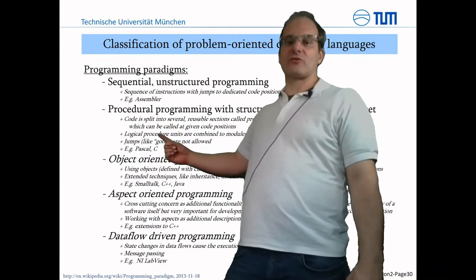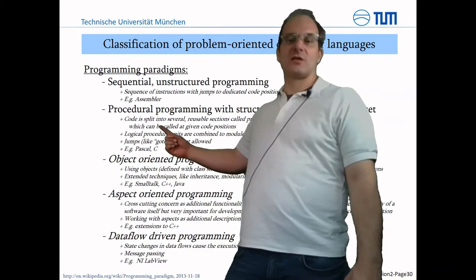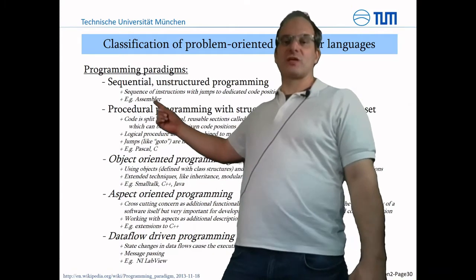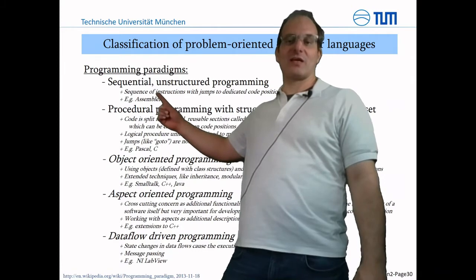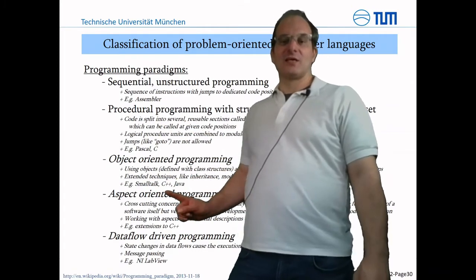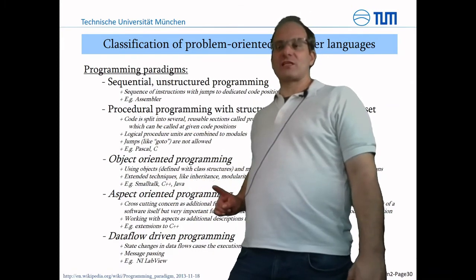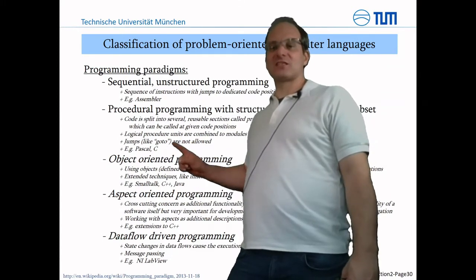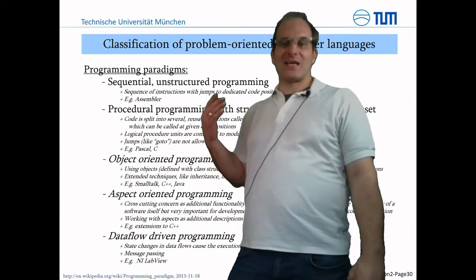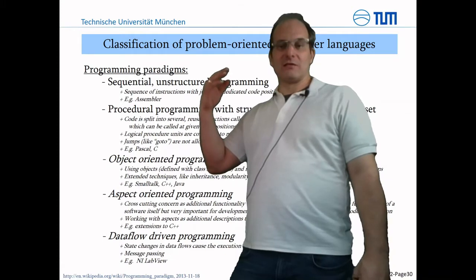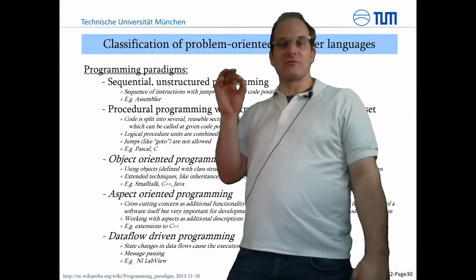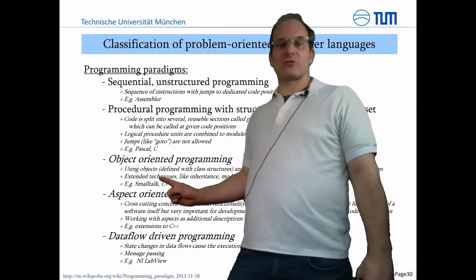So with object-oriented style, you can do structured programming, and with structured, you can also do unstructured programming. Okay, so it's always a subset. In this case, object-oriented programming extends these mechanisms to a more essential structure which you have to fulfill to really write object-oriented code.